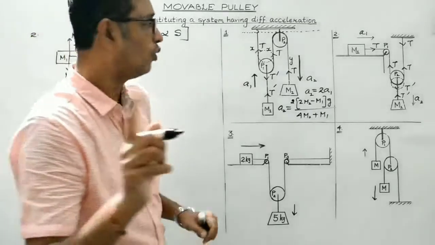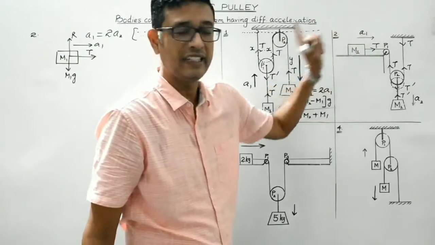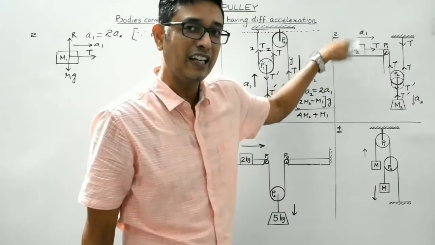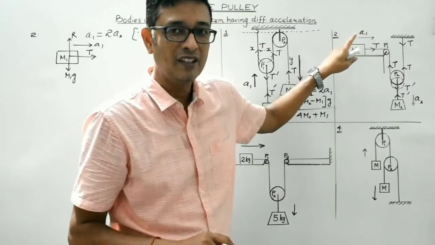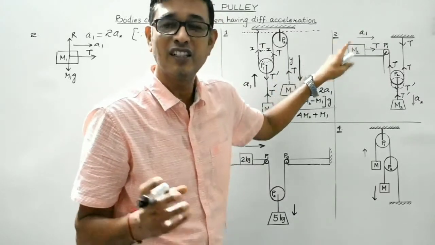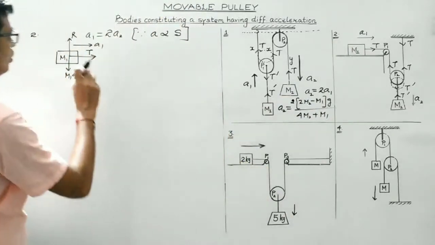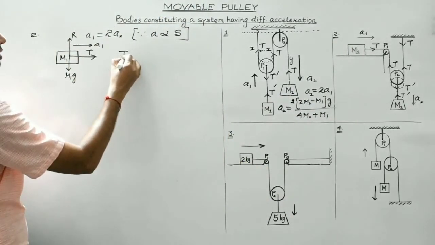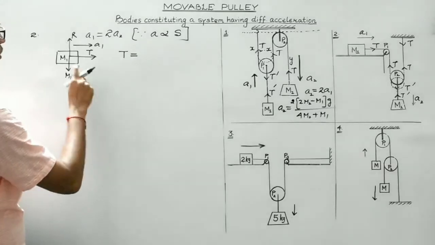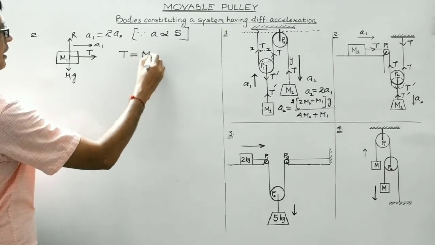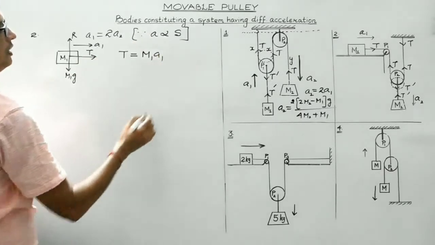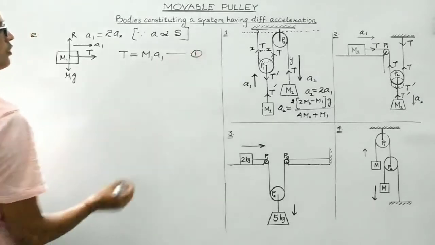So students, the only force acting here is T, because in the vertical direction there is no net motion of the body. So in the vertical direction, the body is under the influence of balanced forces. So what will be the equation here? T should be equal to M1 into A1. Say this is equation 1.